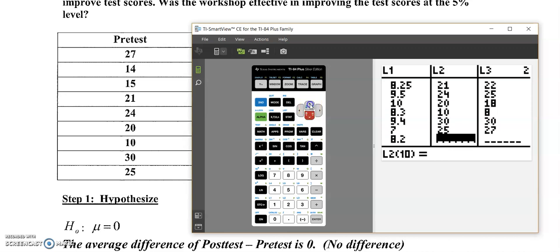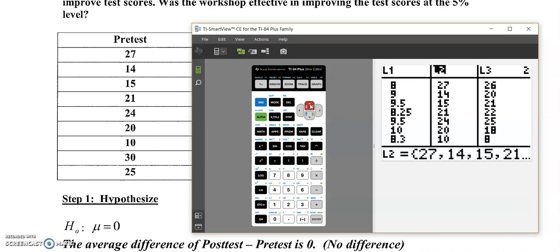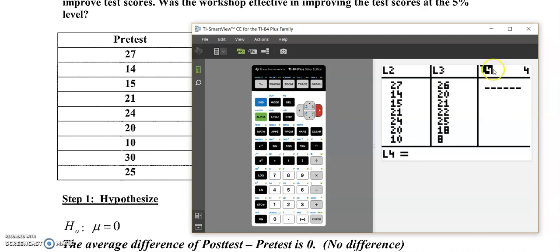So pre-test is in list 2, post-test is in list 3, and to find the difference, I'm going to go to list 4. So I'm going to move my cursor to list 4, and make sure your cursor is on L4. It's not the place we put the data below it, it's literally on L4. And we'd like list 4 to be list 3, the post-test, minus list 2, the pre-test.